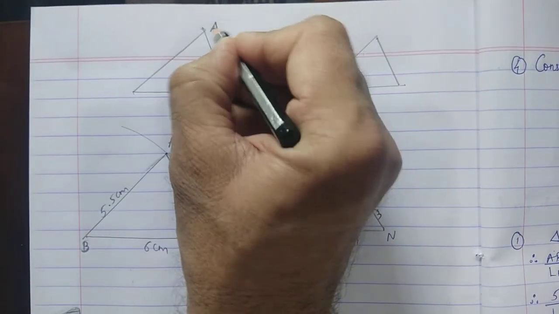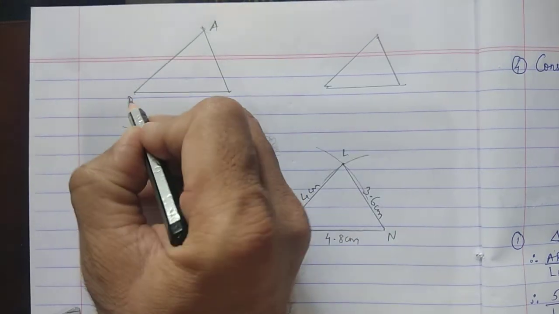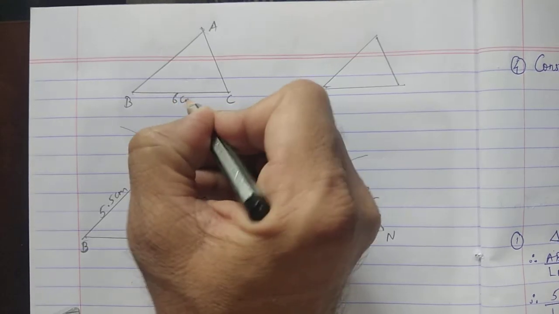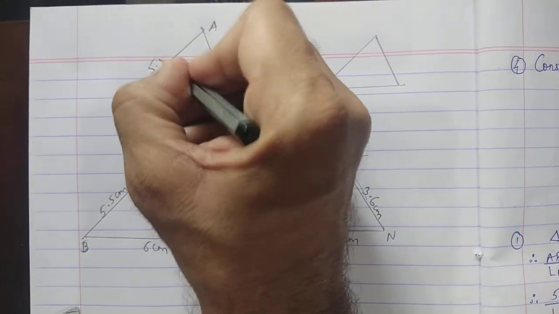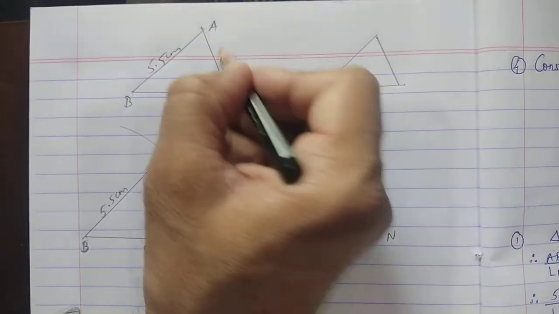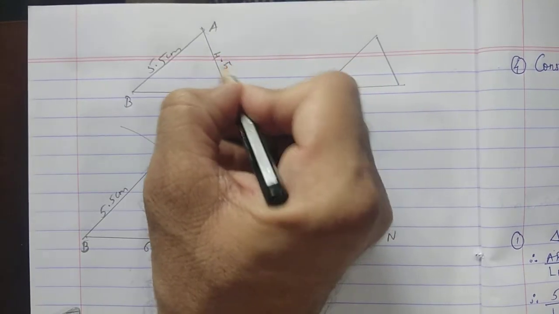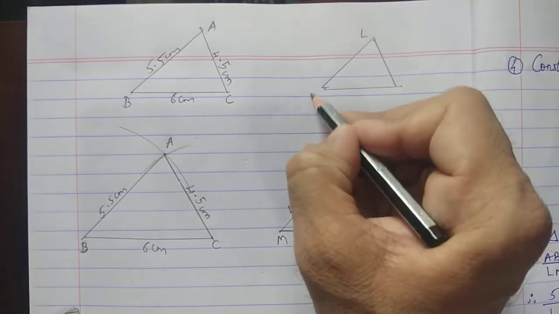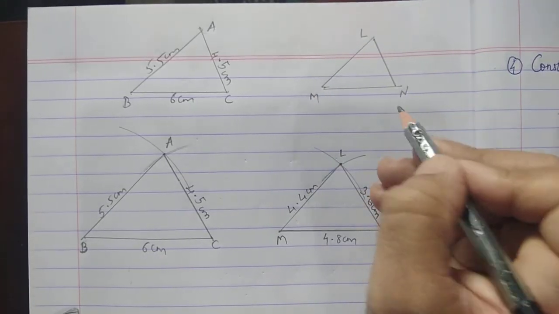So name the triangle here as A, B, C. Write the values. BC is 6 centimeter, AB is 5.5 centimeter, AC is 4.5 centimeter. Same way, now this one is triangle LMN.